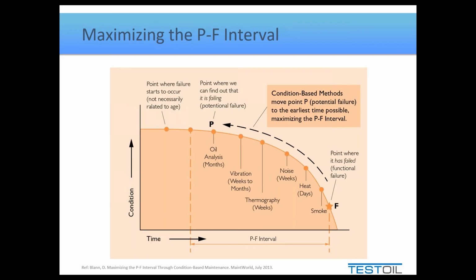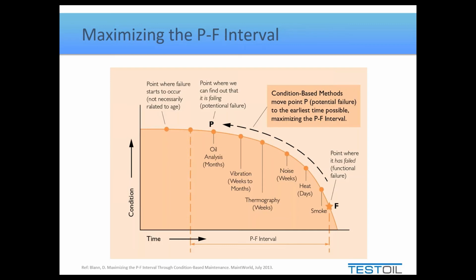So when we talk about extending the PF interval, we're not pushing F out to the right, we're pushing P to the left. This is just what the original curve had as suggestions for which technologies were best: oil analysis was among the leading indicators, followed by vibration, whereas things like thermography, or noise, which would be a form of vibration, or heat, which could be detected by FLIR, came much later.